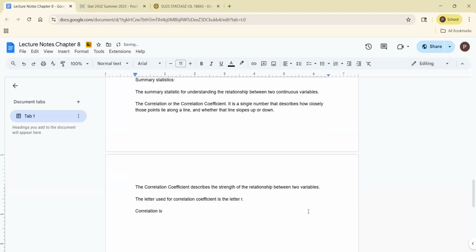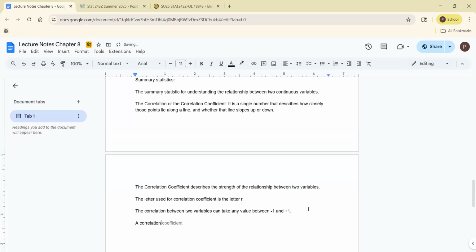The correlation between two variables can take any value between -1 and +1.